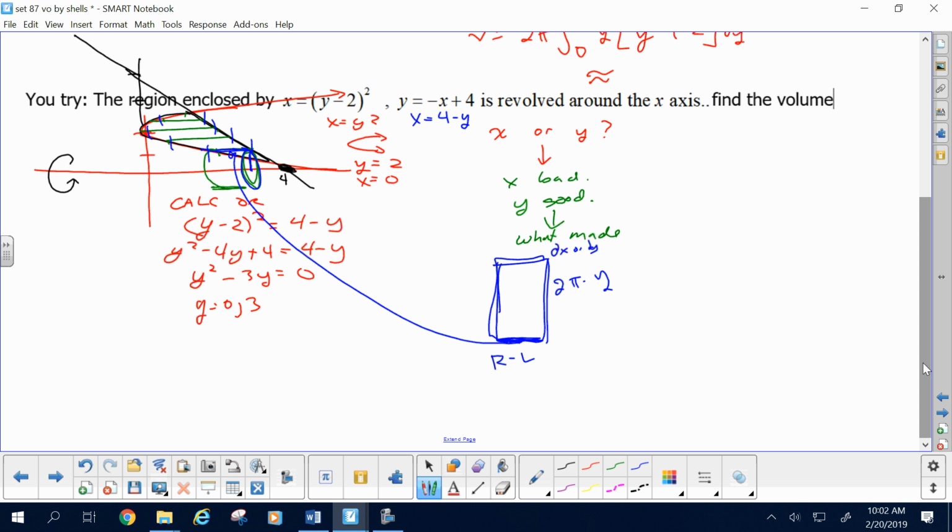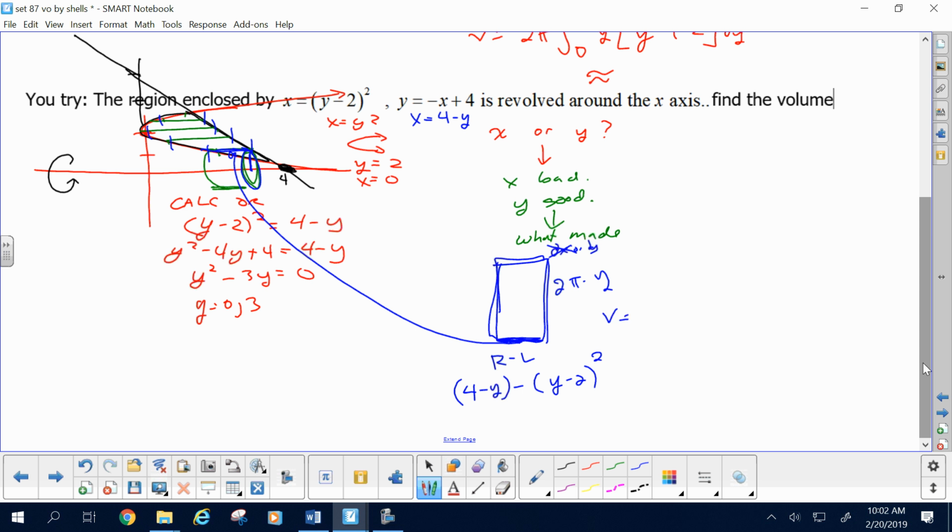The line or the parabola? The line in x terms or y terms? Y terms. So that right should be 4 minus y, and the left should be the parabola in y terms, which is y minus 2 quantity squared, and the thickness is dy.